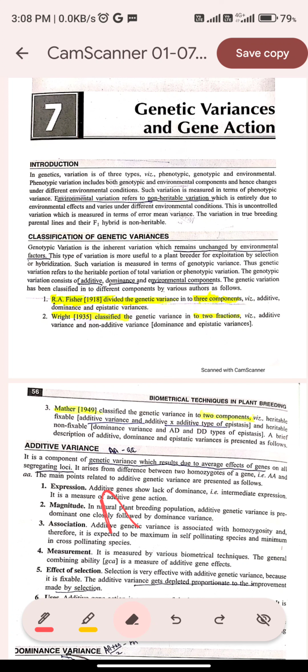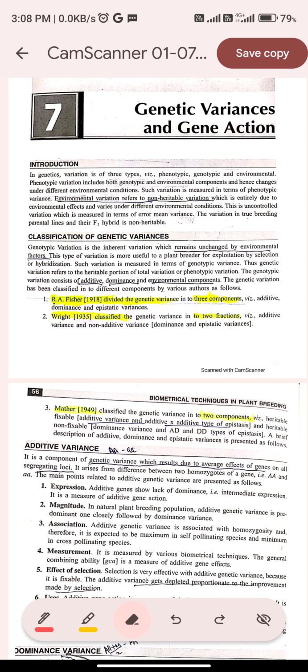Now we will see the classification of genetic variance. Many people are confused between these two terms, genetic variation classification and genetic variance classification. So while answering the question, you should carefully see what they are asking, whether they are asking about genetic variance or genetic variation. Now we will go for genetic variance.